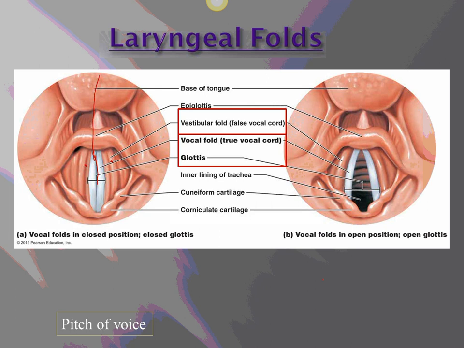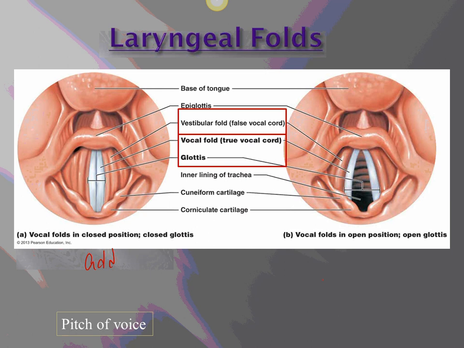In fact, remember I said the glottis, which was the space between the two vocal folds, is the narrowest part. So in this picture, you can see this is in a state of adduction. When the glottis is closed, this is in a state of abduction, and you can actually see the tracheal rings. Can you see that? Now what happens is the pitch of the voice is determined when air flows from below.